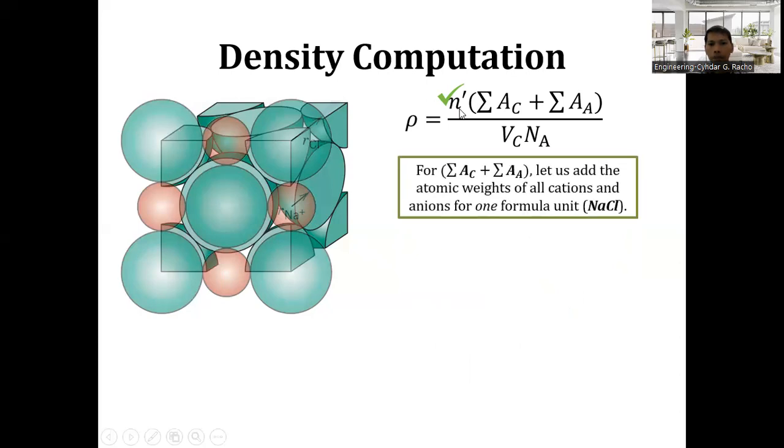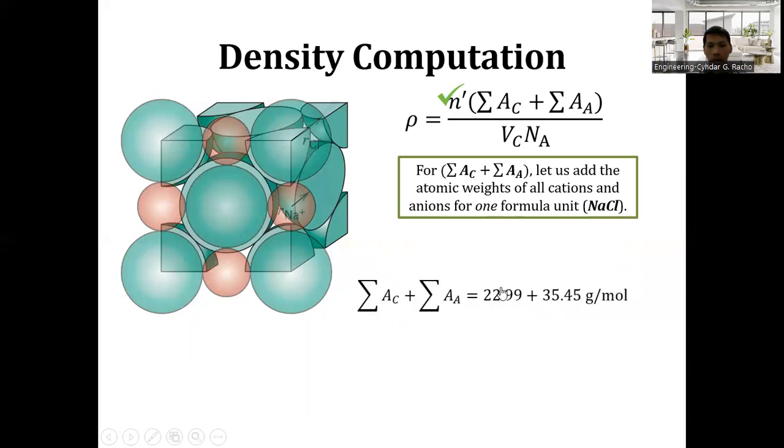For the summation of your A sub C plus summation of your A sub A, let us just add the atomic weights of all cations and anions for one formula unit. It's very easy.